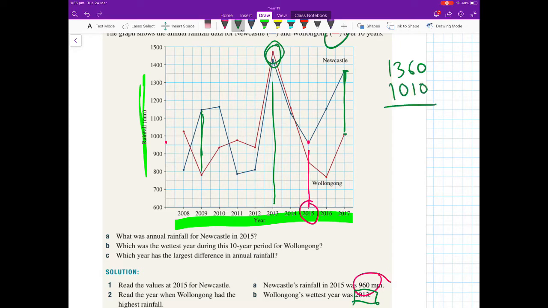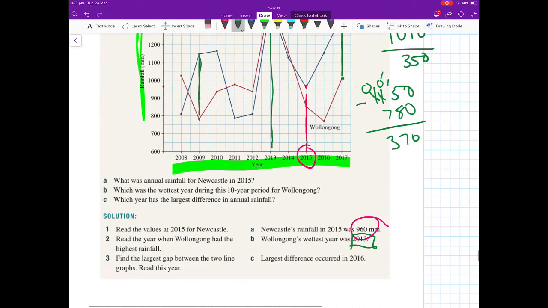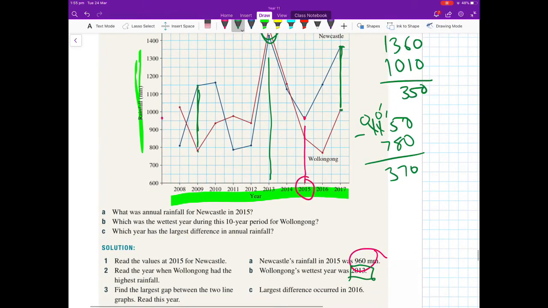1010, giving us a difference of 350, whereas the other one was sitting just below there at the 1150, and the bottom one sitting probably at the 780 roundabout, giving us a difference of 370, making our 2009.